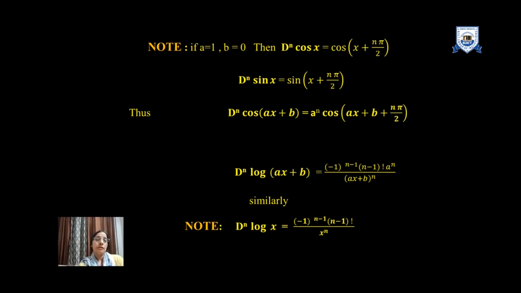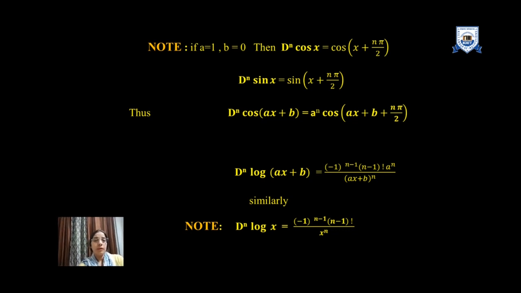Similarly, using the successive differentiation method, we can find the nth differential coefficient of log of ax plus b, and it has the value minus 1 to the power n minus 1 into n minus 1 factorial a to the power n divided by ax plus b to the power n.